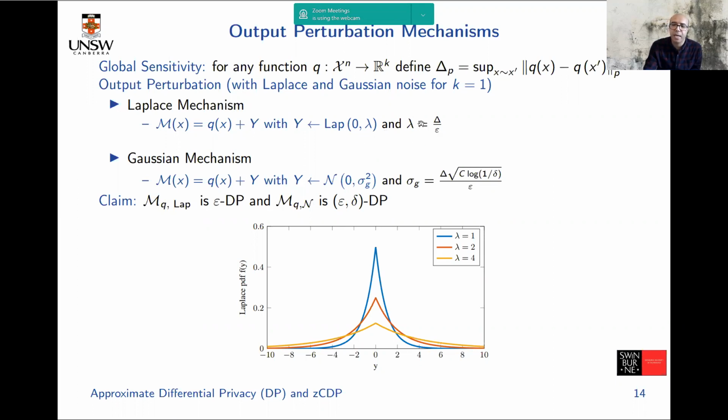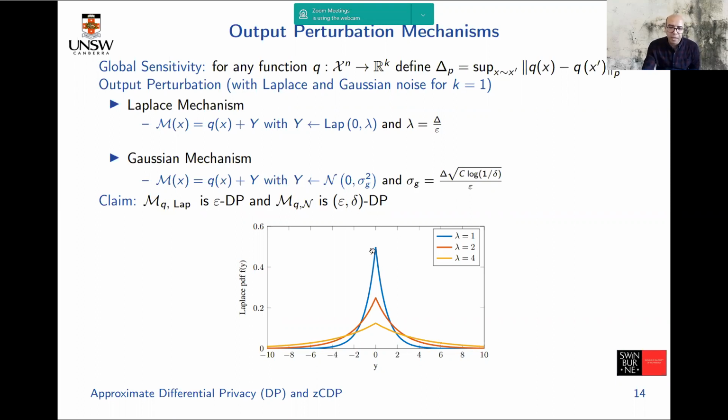Now, if the scale lambda is delta over epsilon, we can say this Laplace mechanism is purely epsilon-DP. But if you choose y from the Gaussian mechanism with, for example, this standard deviation, we can say this Gaussian mechanism is (epsilon, delta)-DP.